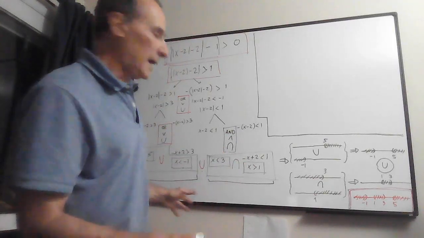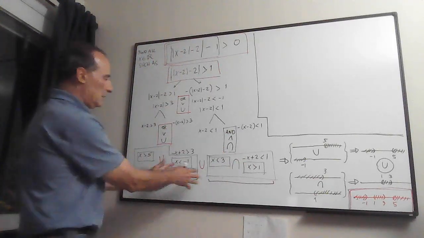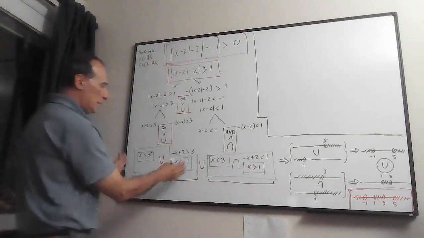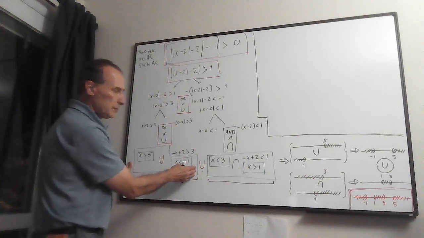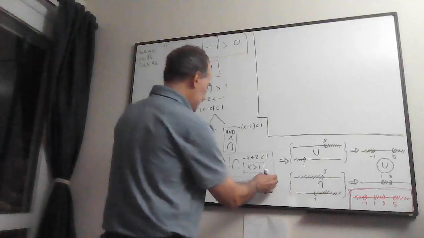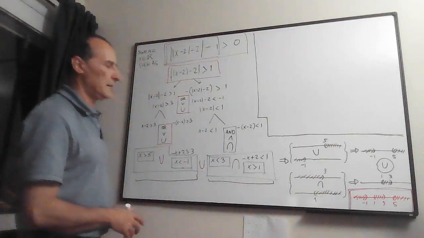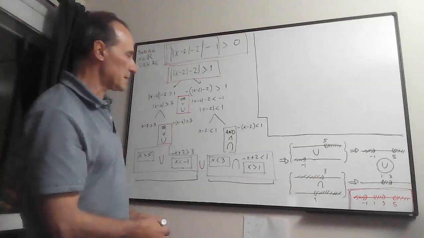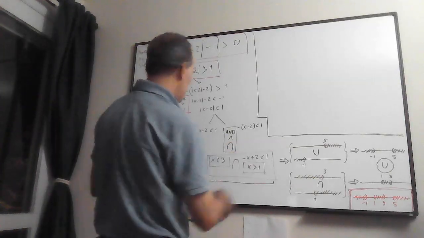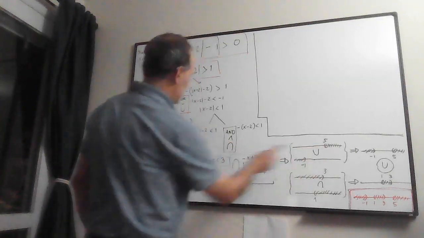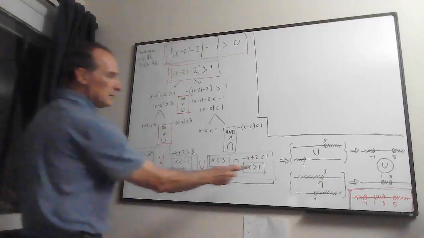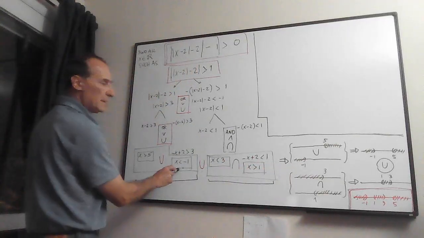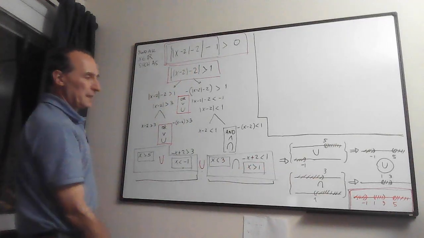So if you summarize, you have four conditions: the union of the first two, the intersection of the last two conditions, and then the union of the two results. So let's write it here. x greater than 5, x less than negative 1.